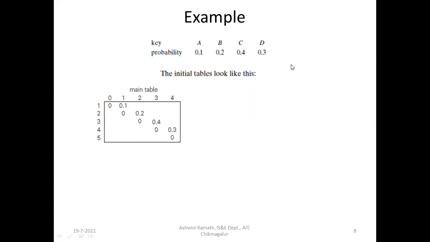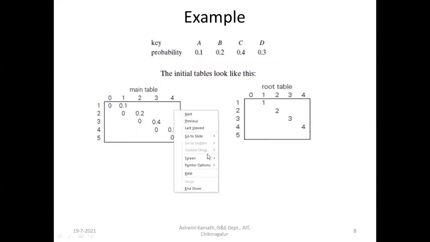For this we need two tables. One is the main table, another is the root table. The root table gives the information about which one is the root node. Your answer will be in this place, 1,4.